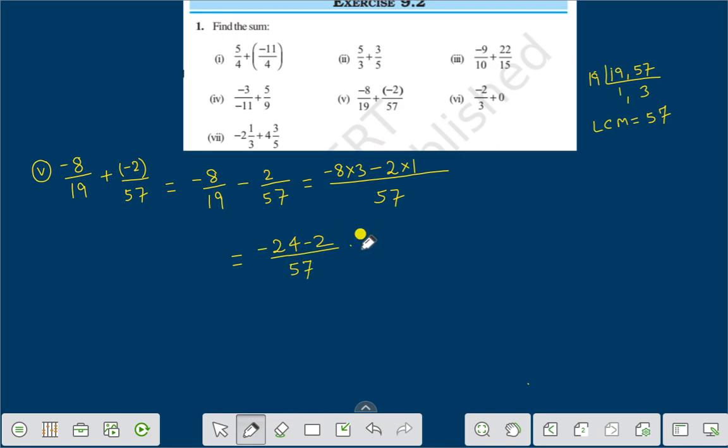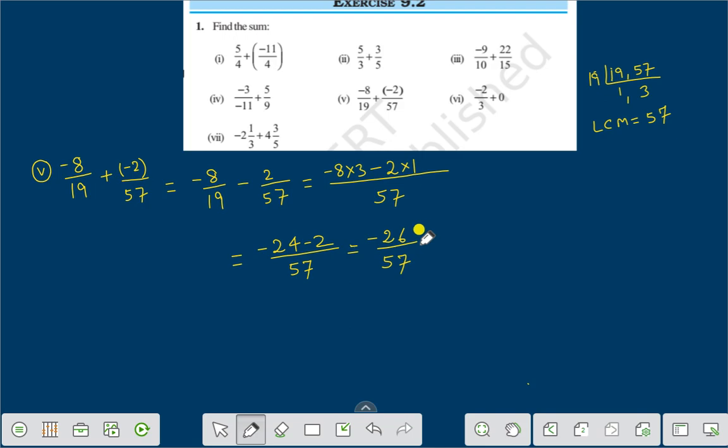That comes to minus 24 minus 2, which is minus 26 by 57, right? That is the answer, minus 26 by 57.